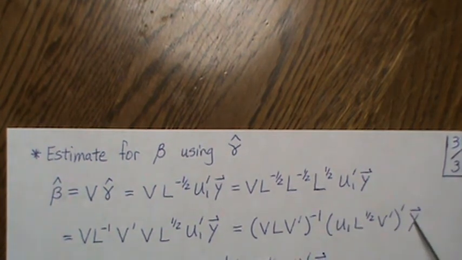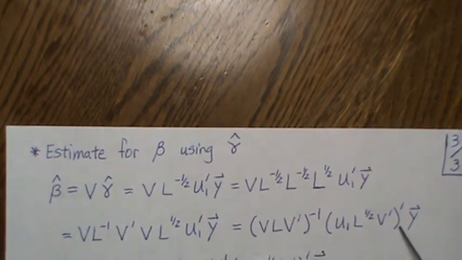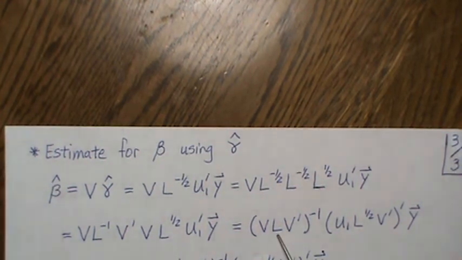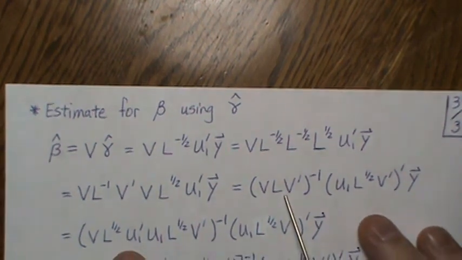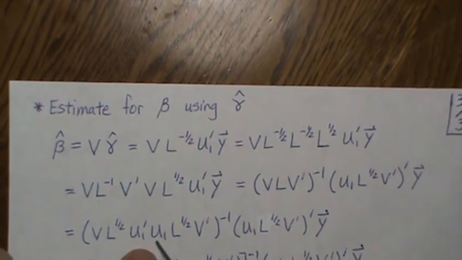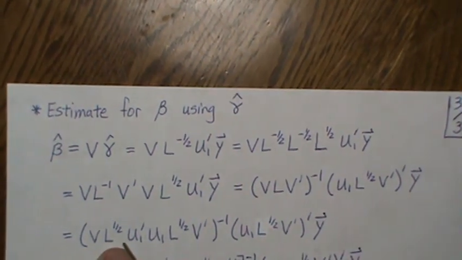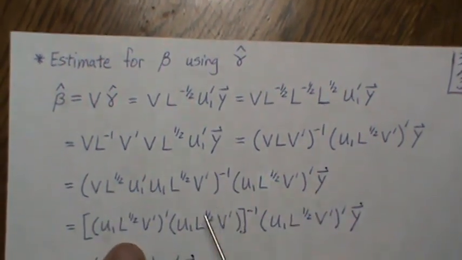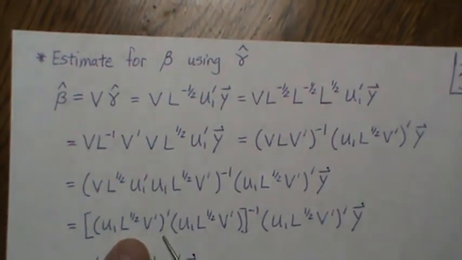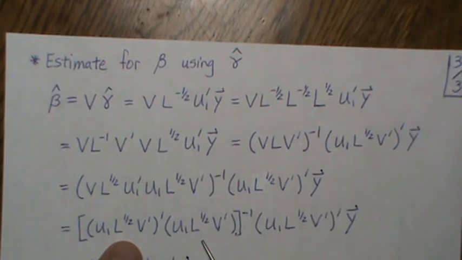And of course, Y stays the same. Now, here, if we split L into L to the 1/2, L to the 1/2, and then stick in an identity matrix, it won't change this. And that's what we do, right? But now let's group these three into this. So we take out a transpose there, and then these we leave the same.